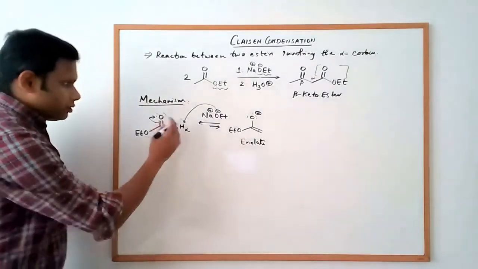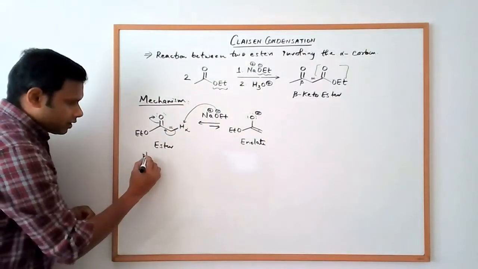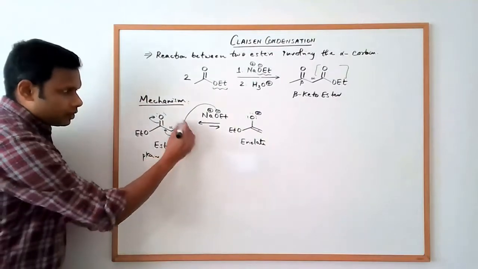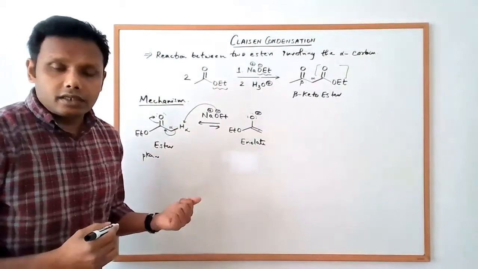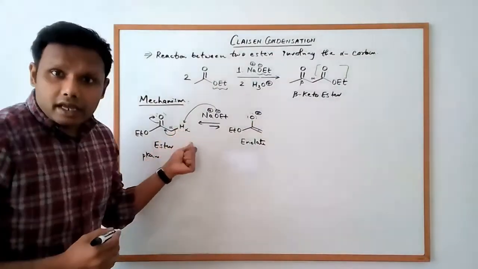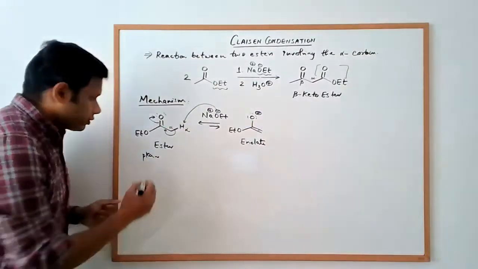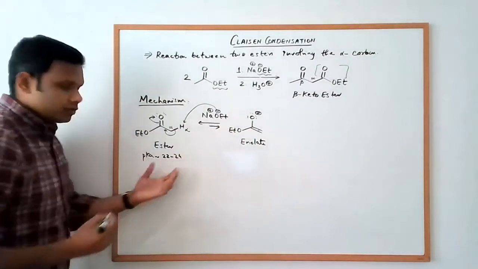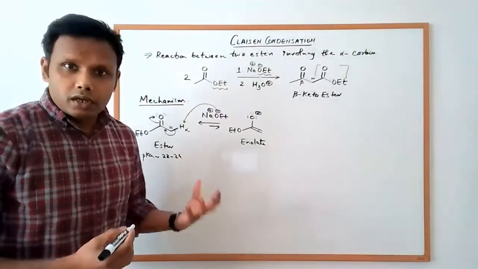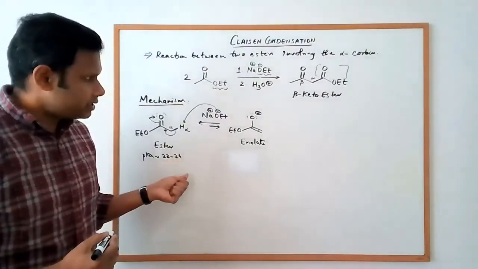Now again, the alpha hydrogen in an ester molecule is less acidic than the alpha hydrogen in a carbonyl compound. So the pKa for this hydrogen could be somewhere in the range of 22 to 24 pKa units. So it is less acidic.